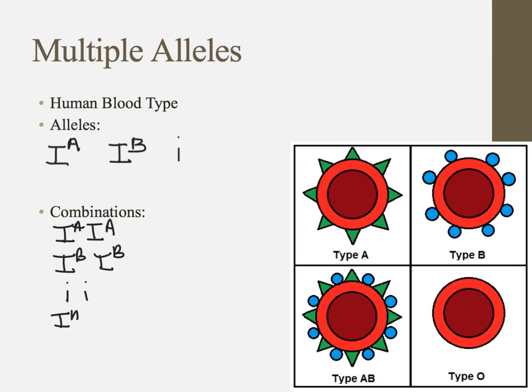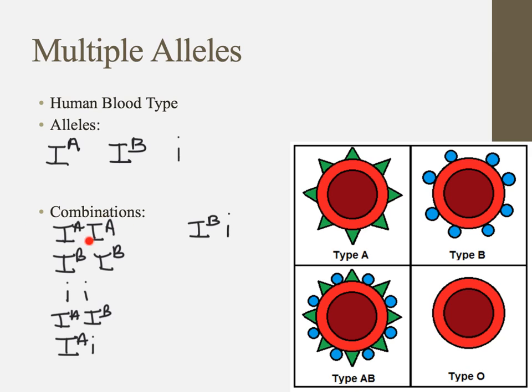I could have an A with a B. I could have an A with an O. I could have a B with an O. And I think that's about it. I don't think I can make any other combinations here. So here are the possible allele combinations. Each person only inherits two alleles, but because there's more than two to choose from, we can get quite a few different combinations. So let's talk about what kind of phenotypes these people are going to have.